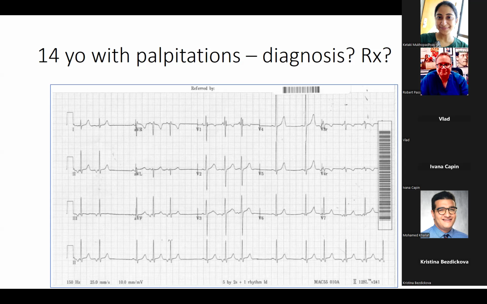So you would certainly get an echocardiogram. And what are you looking for on the echo? I would look if there's a cardiomyopathy or depressed function from the premature atrial contractions. Right. And sometimes you can also see dilation of the heart with long-standing chronic tachycardia.